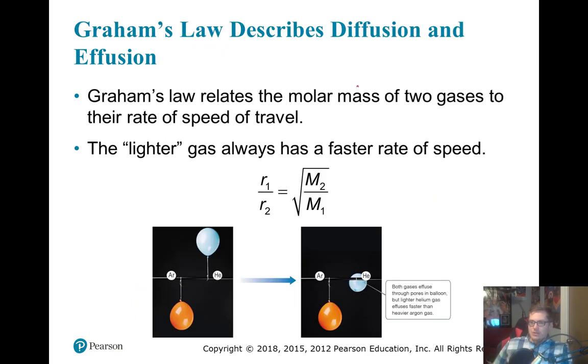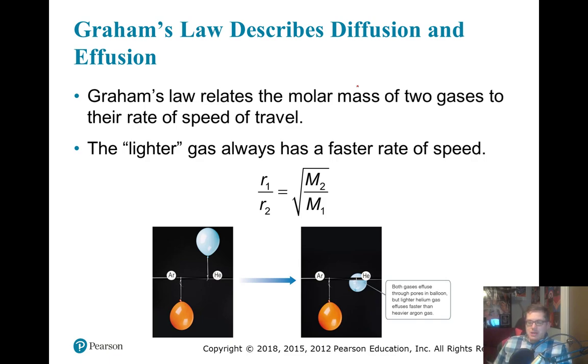Okay. So Graham's law of diffusion and effusion gives us an idea of how fast this will happen. It relates, and it's really nice, and we're not going to derive it because it's kind of a pain in the neck. But anyway, it relates the molar mass of the gas to their rate of travel.